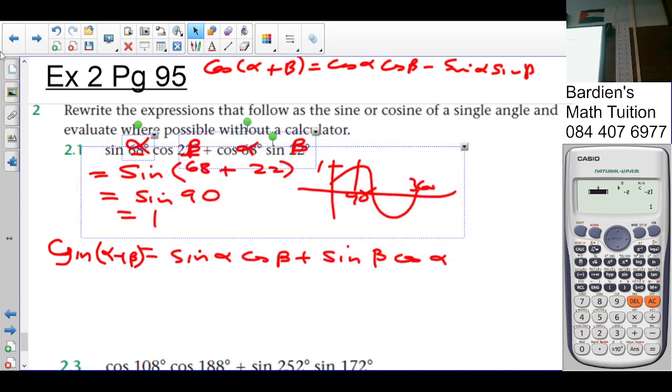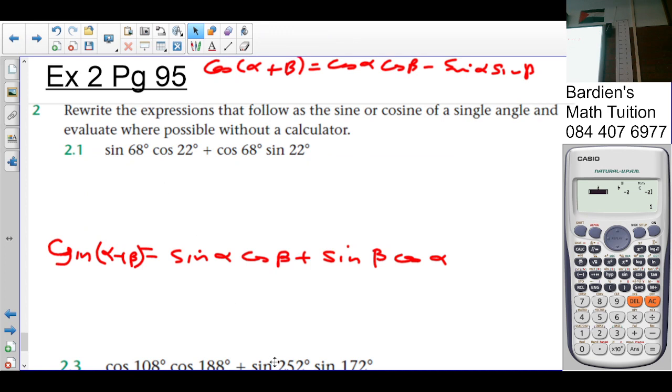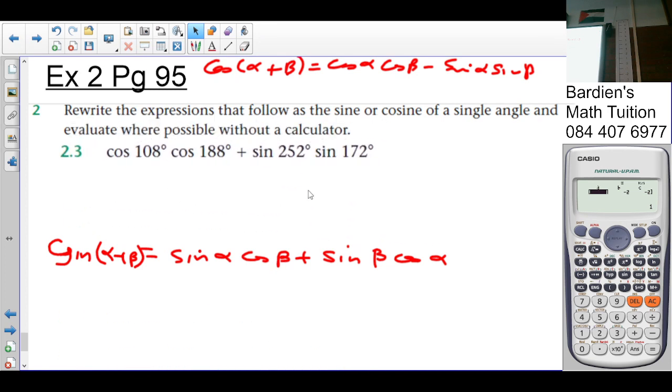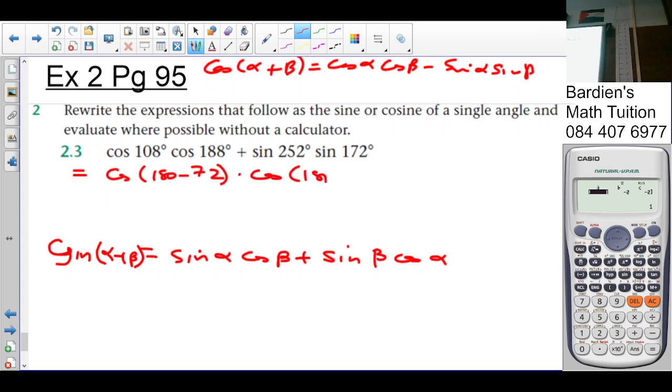Let's keep that along. Okay, are those acute angles now? No. So what must I do? Make it acute. So this will be cos of 180 minus 72 times cos of 180 plus 8. So this is already cos, so I must go sine.